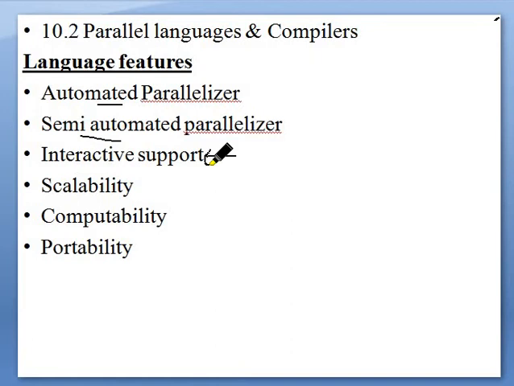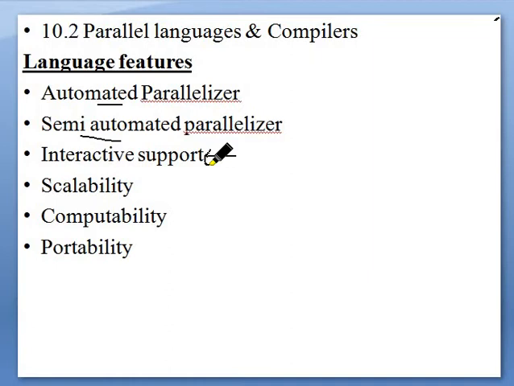That is interactive support: the compiler should help the user identify errors or get the output. Scalability: can we enhance a program's capacity or a processor's capacity according to our requirement? There will be some limitations for parallelism, but if the system is scalable, we can enhance the parallelism.